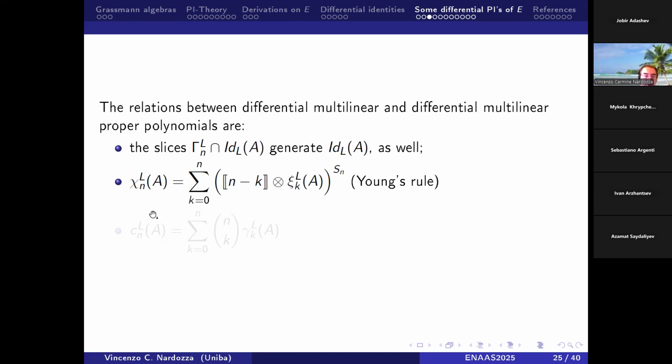That is, this is the co-character sequence of A, and this is the proper co-character sequence of A, and the link between these two objects is obtained through Young's rule: we form this tensor product of characters, then induce in Sn, and we get the co-character sequence of A. Also, from this relation it follows these relations between the differential codimension of A and the proper differential codimension of A.